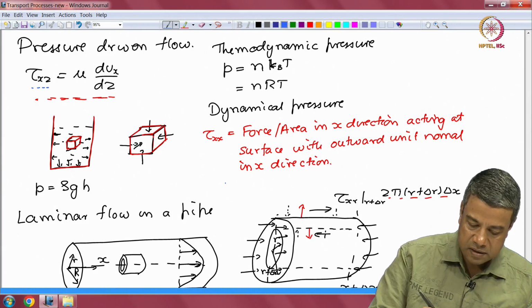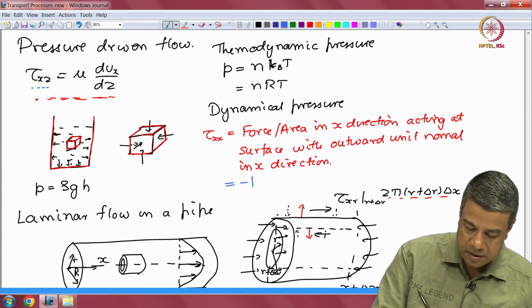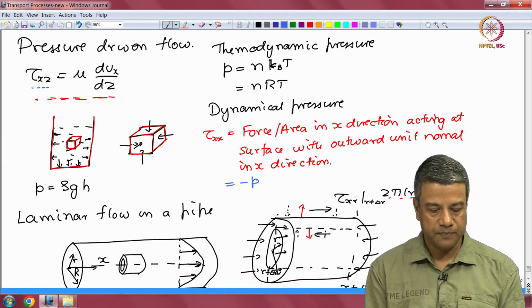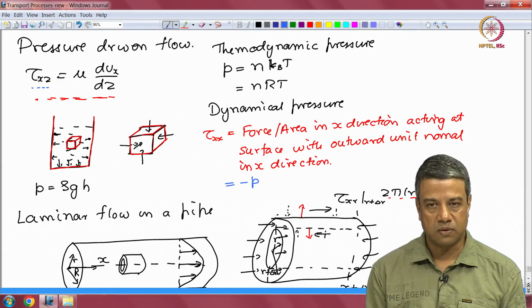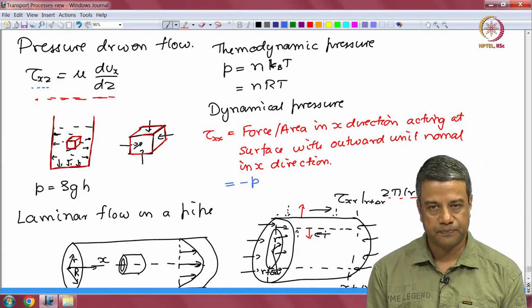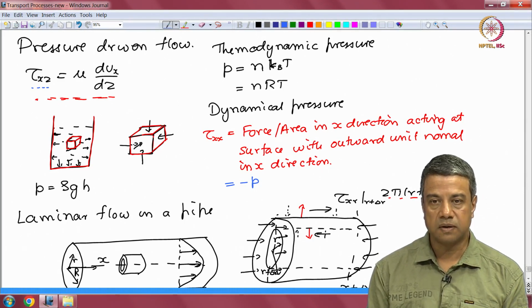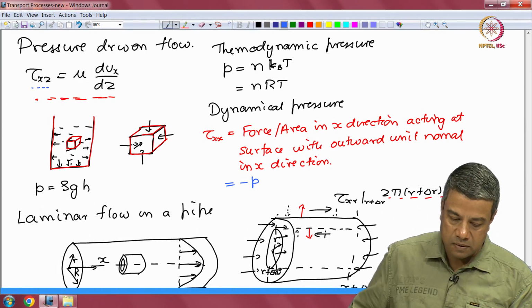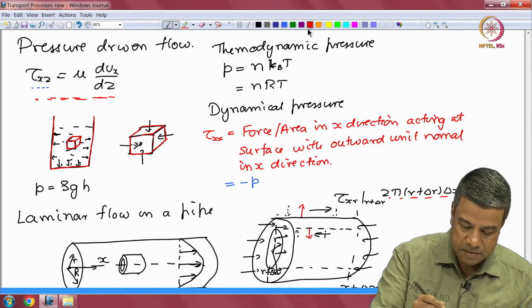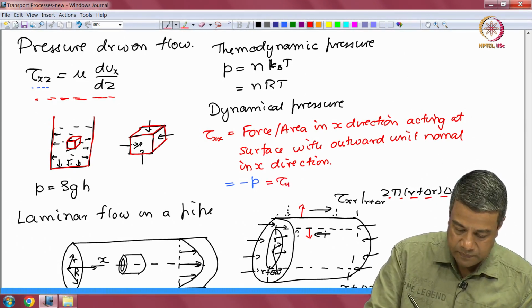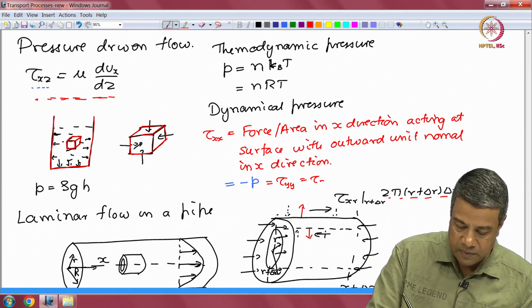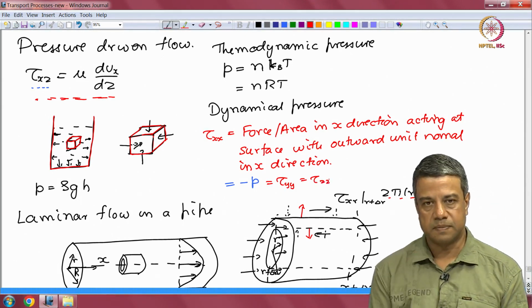The pressure acts along the inward unit normal. So, tau xx is equal to minus p for the surfaces whose outward unit normal is in the x direction. Similarly, for the surfaces whose outward unit normal is in the y direction, tau yy is equal to minus p. And tau zz is equal to minus p.